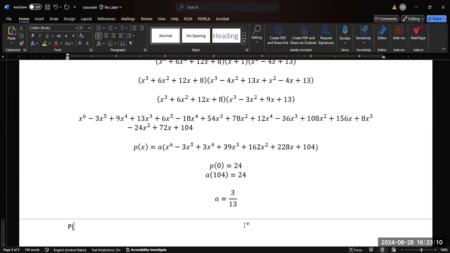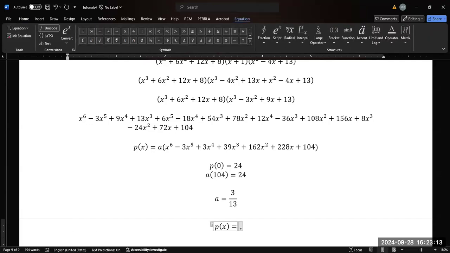And so our final polynomial is going to be 3 out of 13 x to the sixth minus 9 out of 13 x to the fifth plus 9 out of 13 x to the fourth plus, the 13 cancels with 39 and leaves you with 9x cubed. 162 times 3 does not divide by 13, plus 486 over 13 x squared.